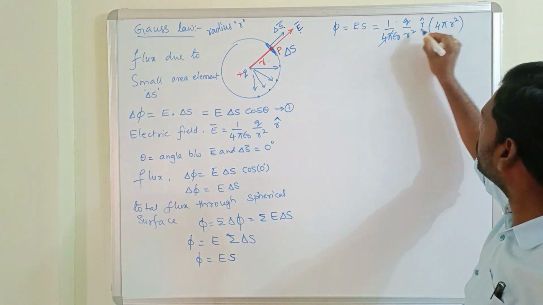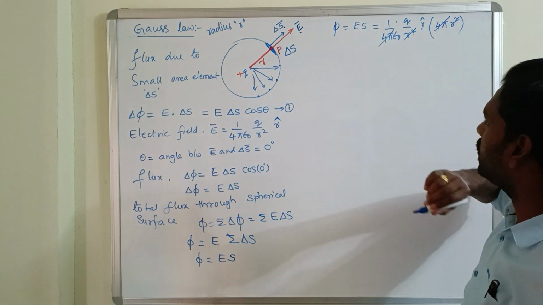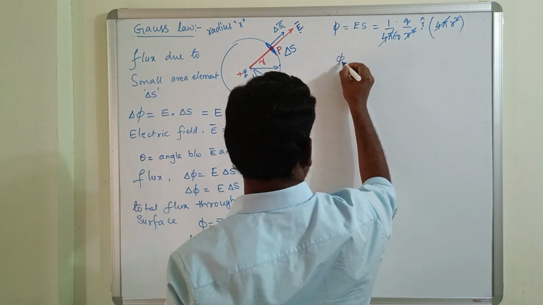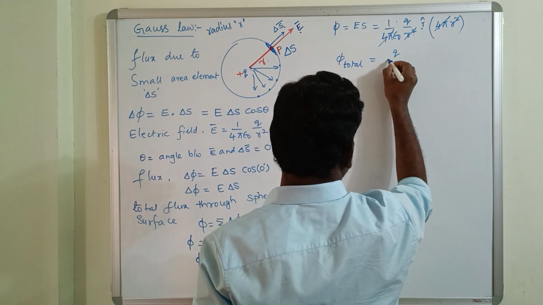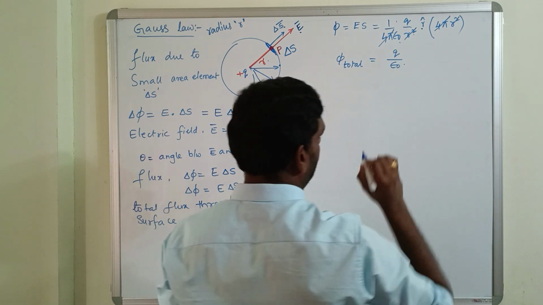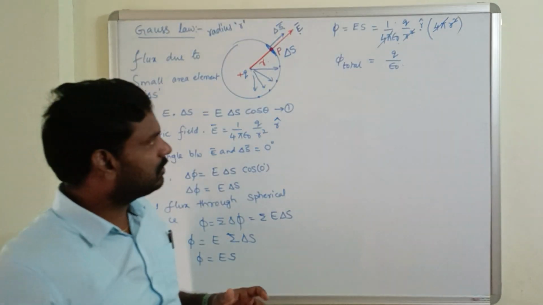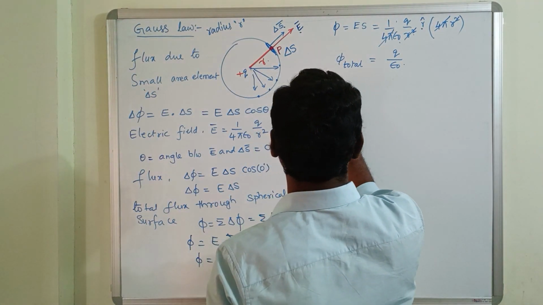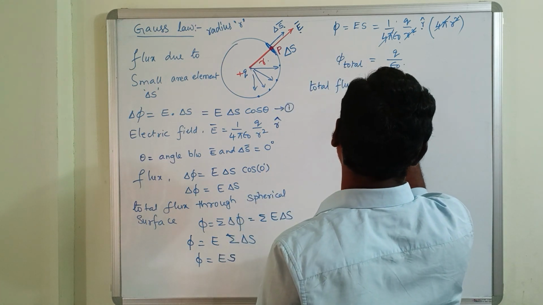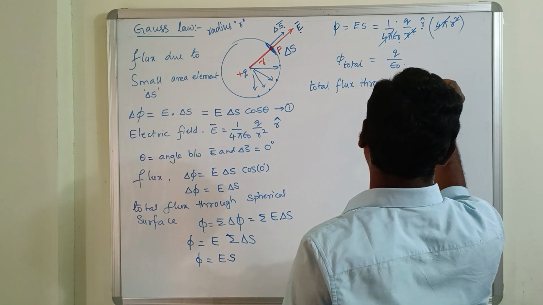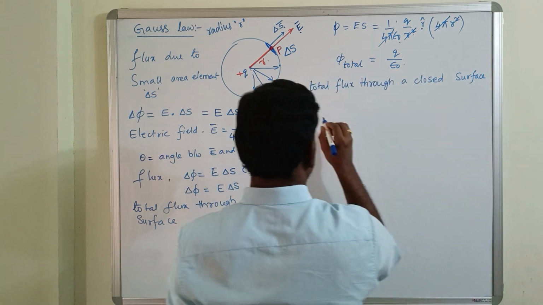So here 4 pi and 4 pi get cancelled, r square and this r square get cancelled. So total flux through a closed surface is equal to charge divided by epsilon.